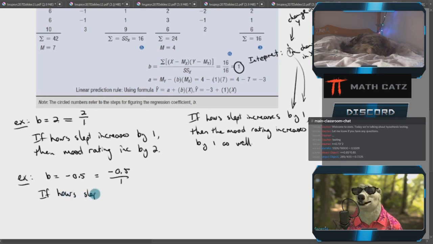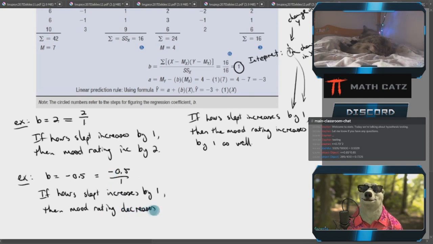Hours slept is the bottom variable x, increases by 1. Then the top is the mood rating. Mood rating, now it's a minus, so that means decreases by 0.5.